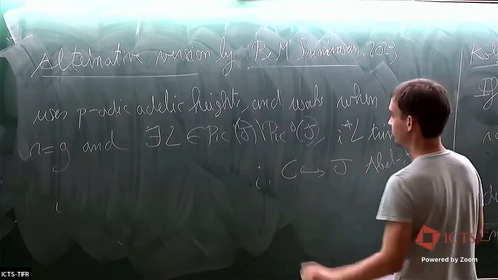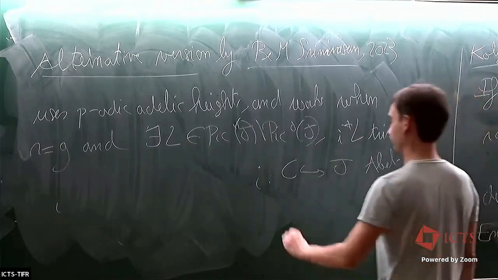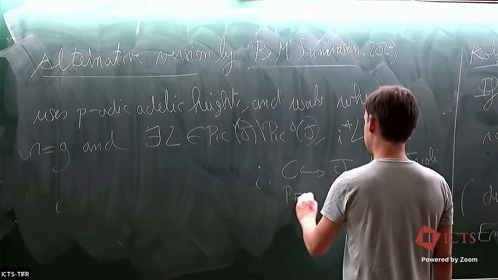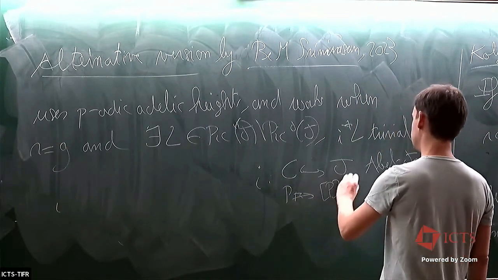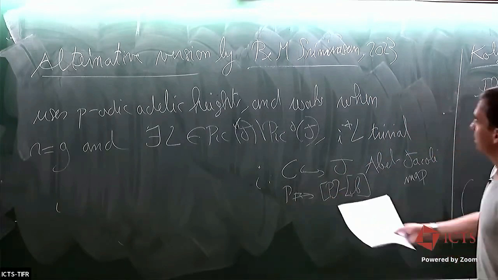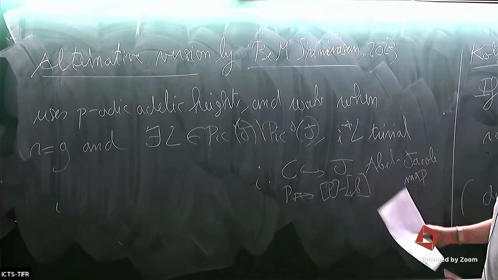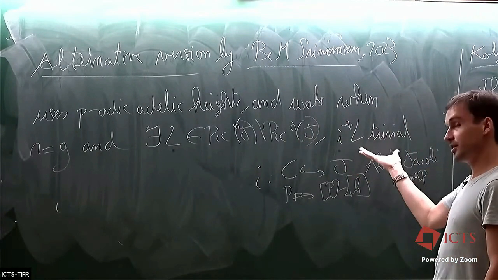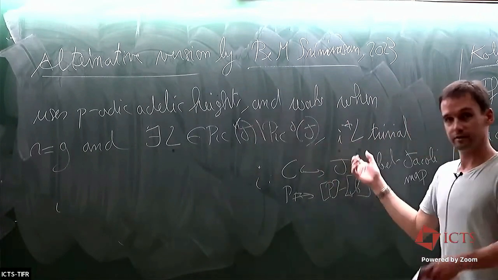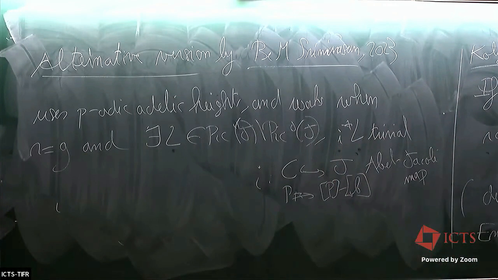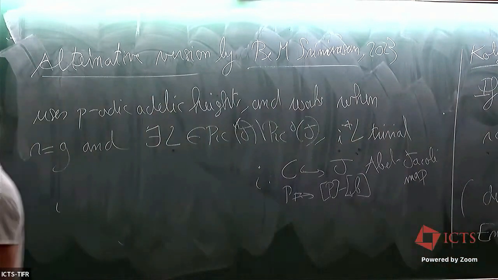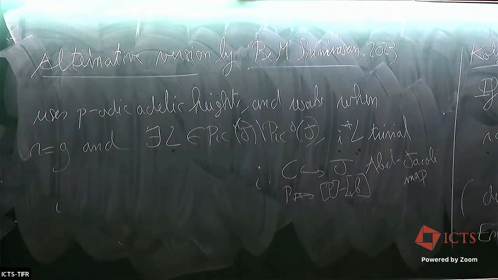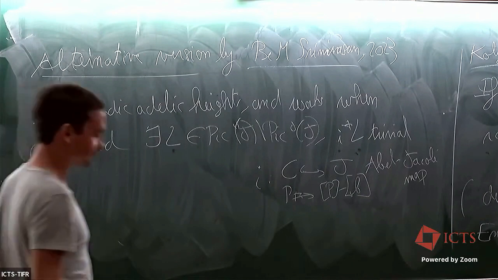Okay, so I inject C to J with the help of some base points here, which I choose, and I pull back this, and I want some L to exist so that this is trivial. When this is done, I can use the p-adic adelic heights to get a height on the p-adic points of the curve, and compare it with other data and get equations and figure out finiteness here. I'm doing a very rough summary, but we've seen more of this last week.